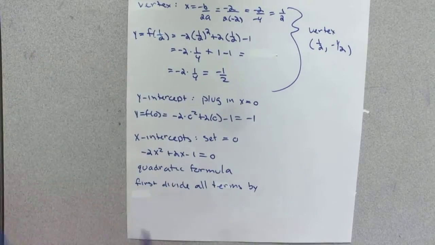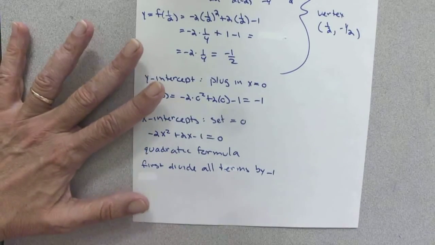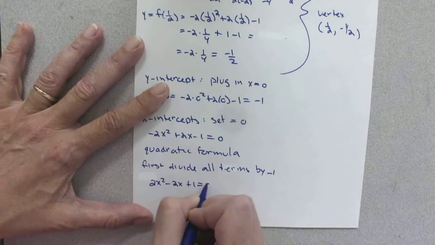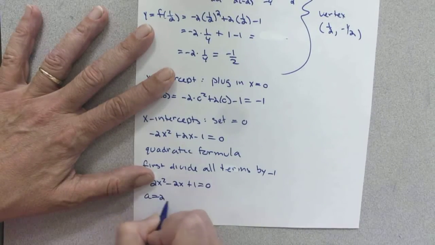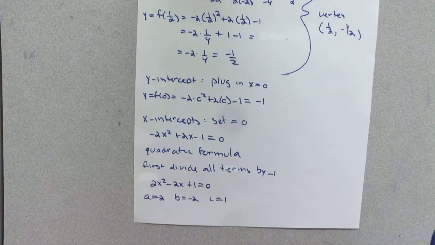Just because that way I don't have that negative out in front that I have to deal with. So that's giving me 2x squared minus 2x plus 1 equals 0. So a is 2, b is negative 2, c is 1.